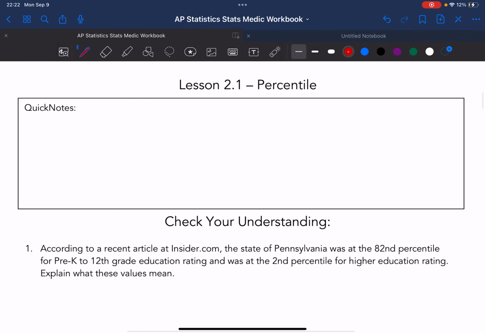Okay, now let's look at the learning targets. Okay, so we learned 2 things today. So learning target number 1 is about percentiles.